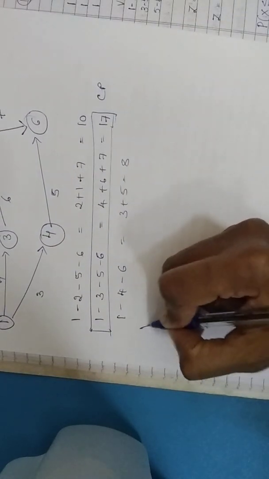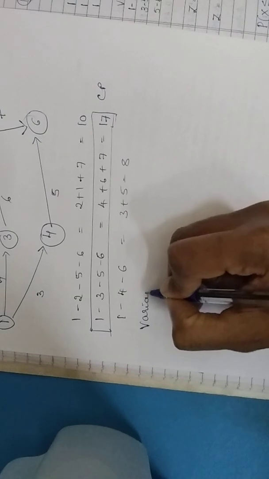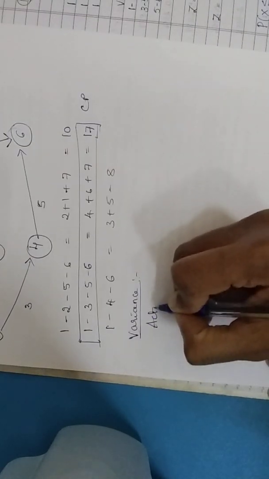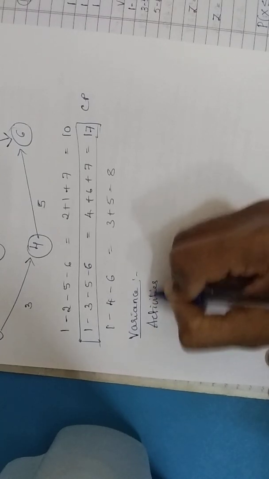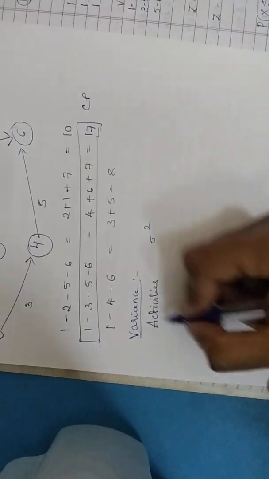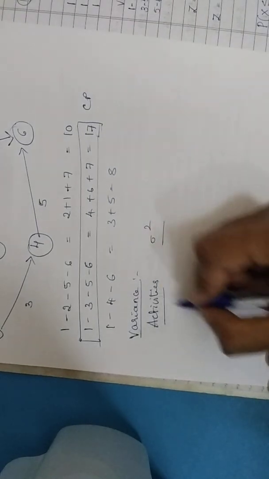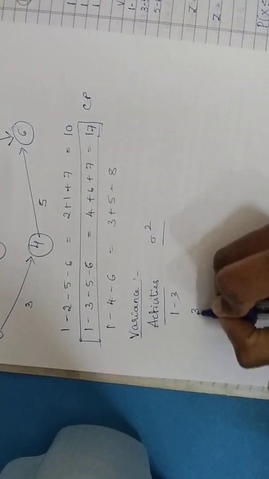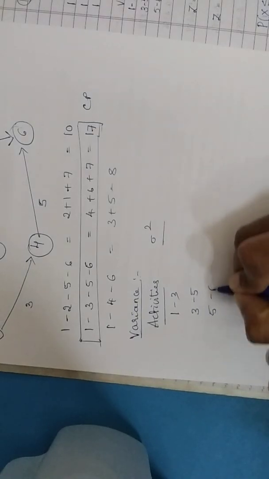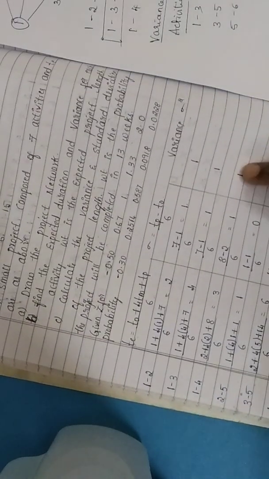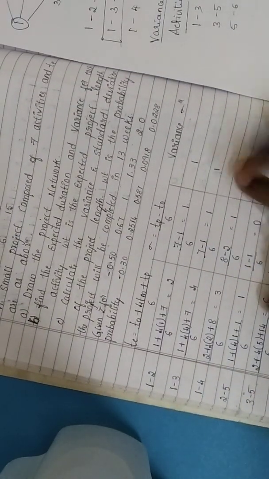While calculating the variance, we have to take up the activities and standard deviations. Let us make a note of the activities in the critical path: 1 to 3, 3 to 5 and 5 to 6. The standard deviation for 1 to 3 is 1, as we have calculated.